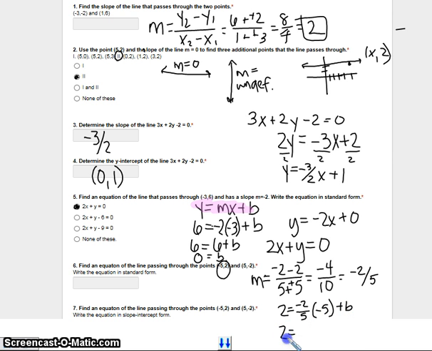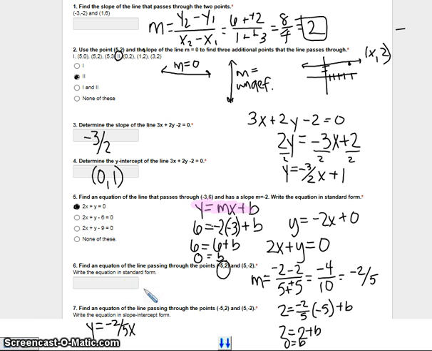When I multiply that, I get a positive 2 plus b. So just like on the previous problem, b ends up equaling 0. So for my slope-intercept form, I can say y equals negative 2/5 x. And I don't really need the plus 0, it's implied.